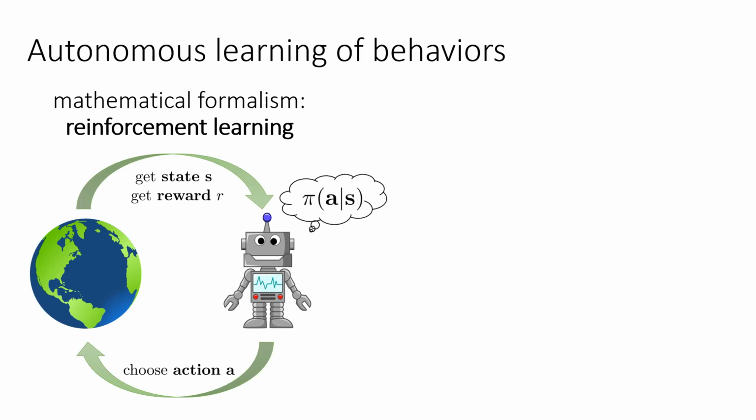The agent's goal in reinforcement learning is to acquire a policy, which we would denote as pi of a given s. It's a distribution over actions conditioned on states. And the goal is not just to get a policy that gets high rewards greedily, but one that gets high reward in expectation, summed over the entirety of the episode or the entirety of the agent's existence.